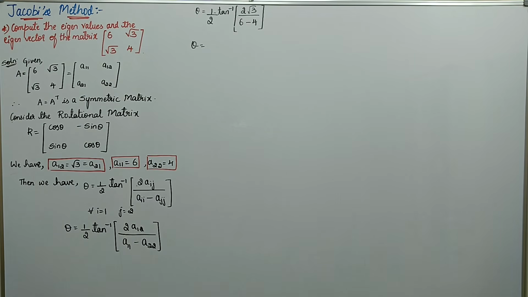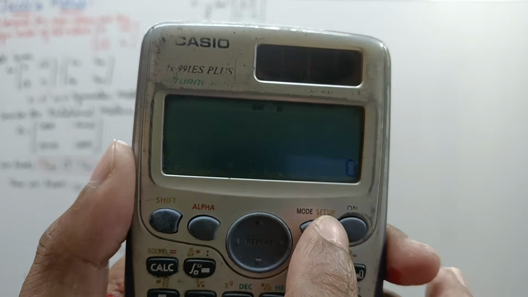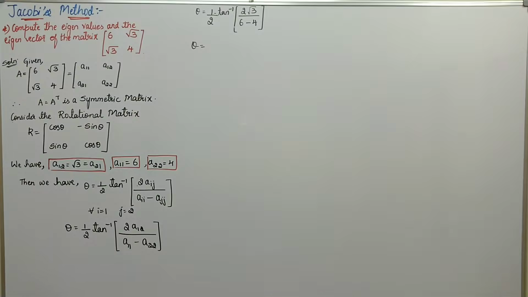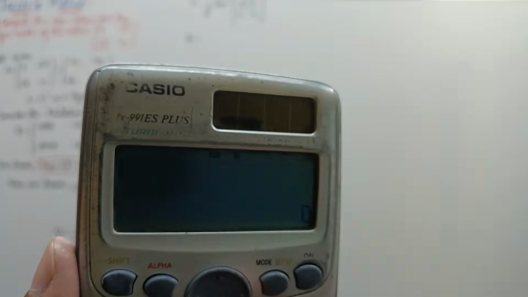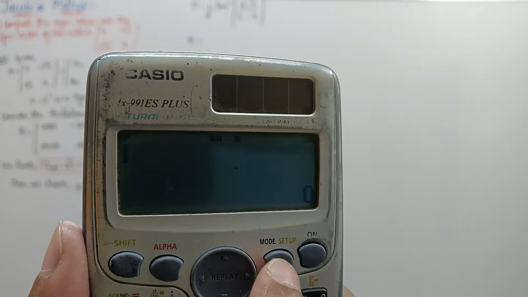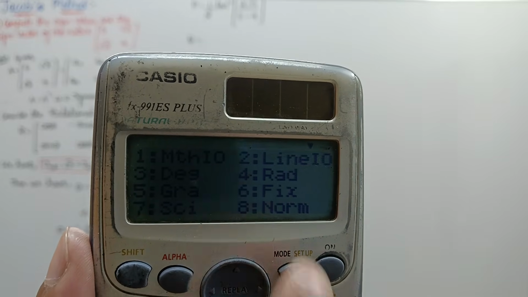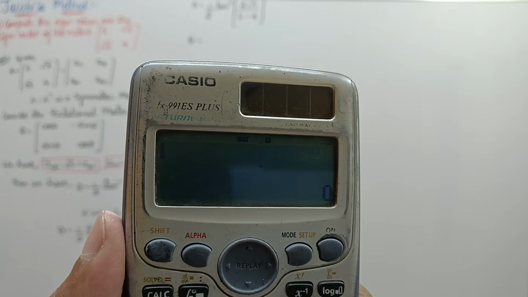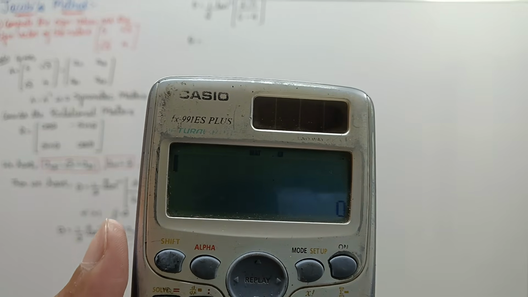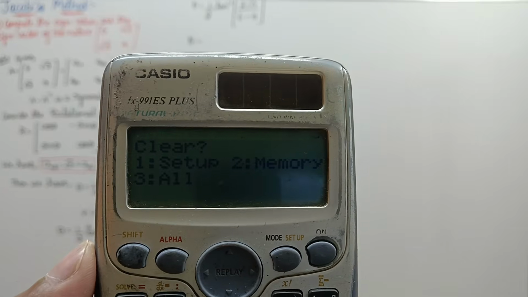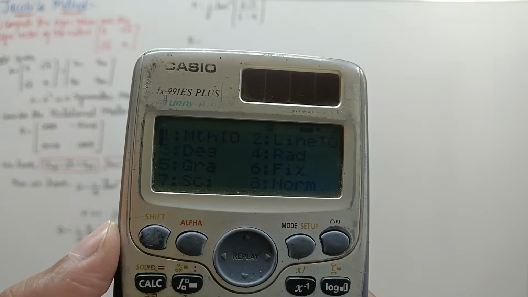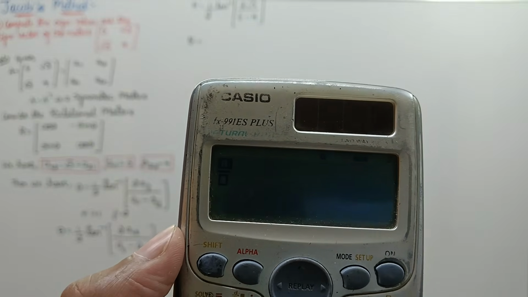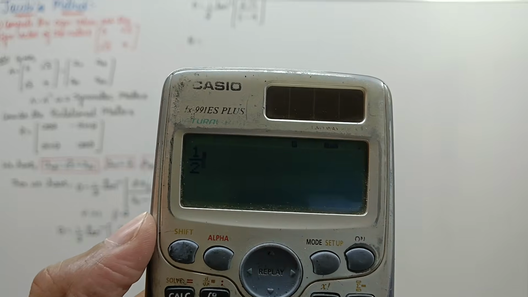Take your calculator. After taking the calculator, always remember, since we have tan inverse, you are supposed to work in radians. Trigonometric functions should be defined with respect to radians. After this, press shift 4. Now I need to convert into radians. Press 4. Done. Now 1 divided by 2. Okay, clear all. After clearing, press shift 4, convert it to radians. Now 1 divided by 2 into tan inverse.